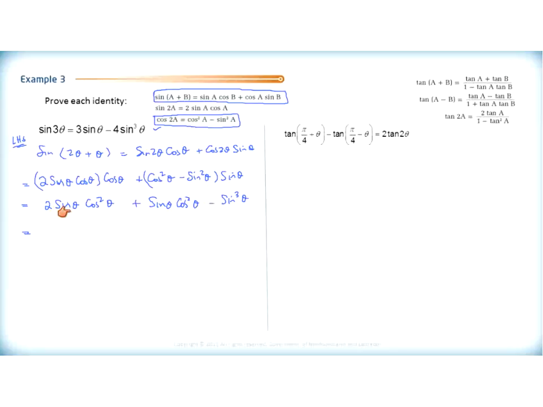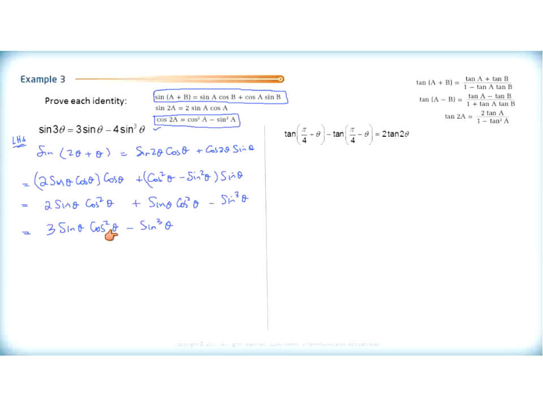A little difficult to recognize, but it's a sine cosine squared and a sine cosine squared. These are like terms. I've got 2 of them here and 1 of them here. I can add like terms and get 3 sine theta cosine squared theta minus sine cubed theta. Now I'm going to look up at my right side and see how close I am. Okay, I've got a sine cubed there. That looks good. I've got a 3 there, so that's looking good.